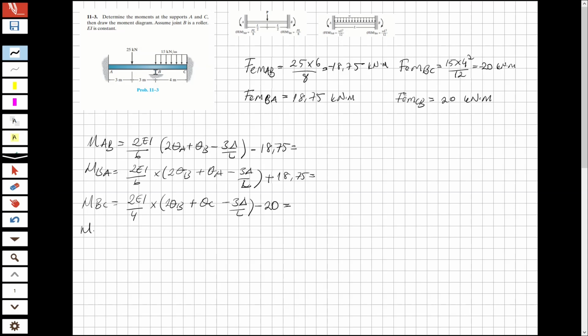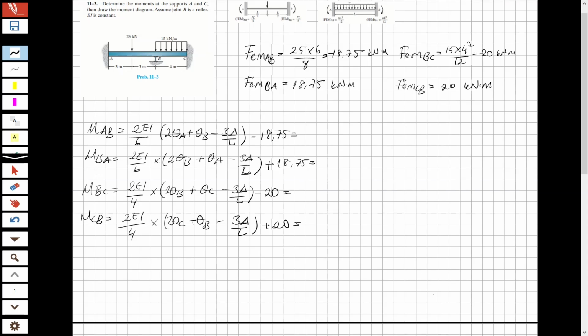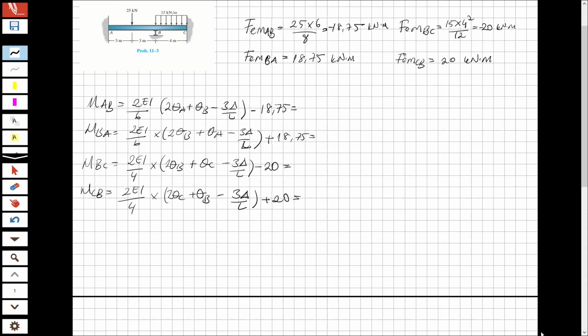So moment at CB, 2EI over 4, times 2 theta C plus theta B minus 3 delta over L, that's plus 20.